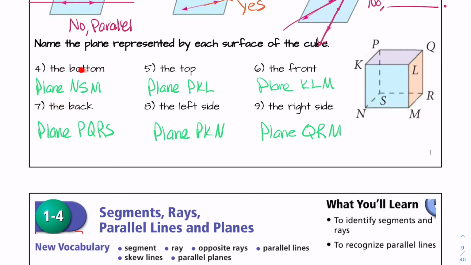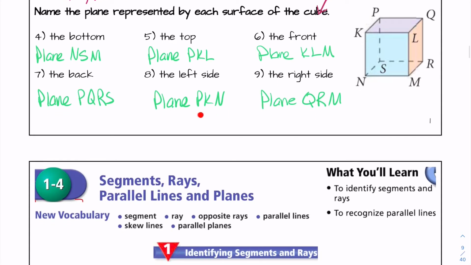For the top, any combination of the 4 letters P, K, L, and Q. The front, any combination of K, L, N, and M. Then the back, P, Q, R, S. The left side, P, K, N, S. And the right side, Q, R, M. So any combination of those. All right? And in any order. So you want to put N, K, P? You can for this one.